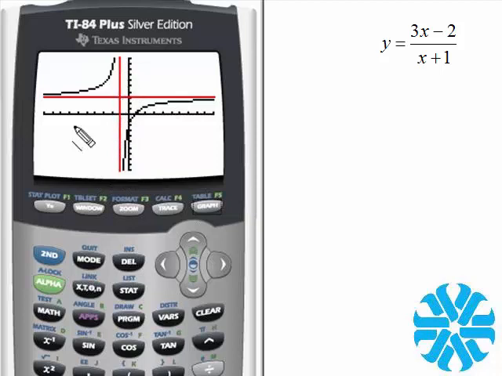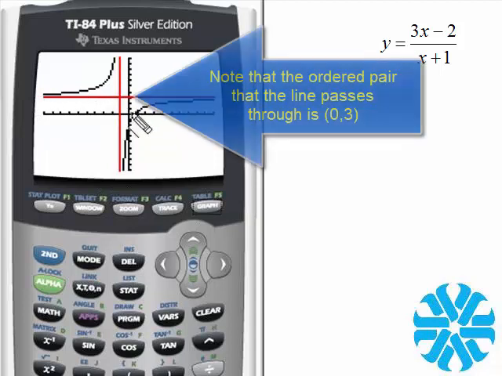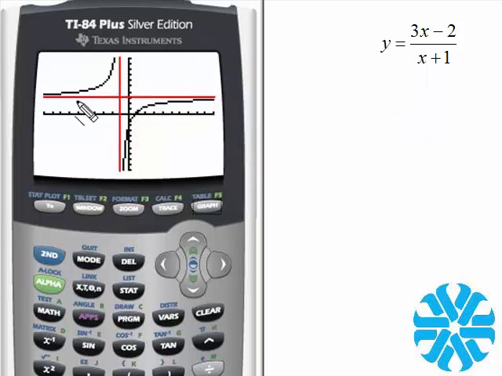And the horizontal asymptote I drew in here is going through the point y is equal to 3, so the coordinate here is (0, 3), and the equation of that line is y is equal to 3. So let's go ahead and analyze this a little bit here.